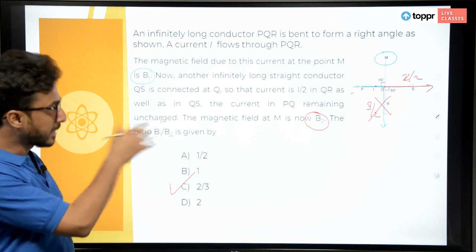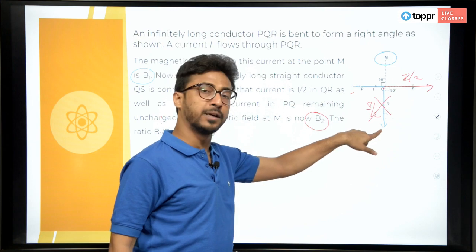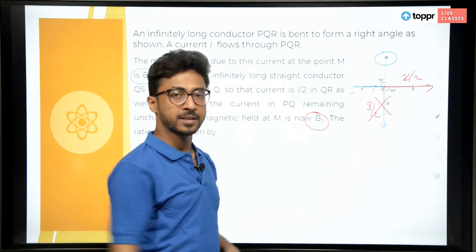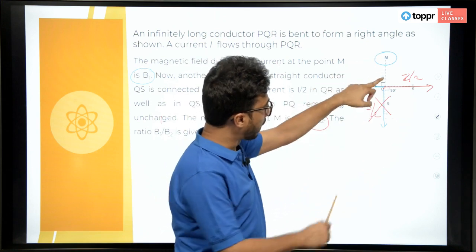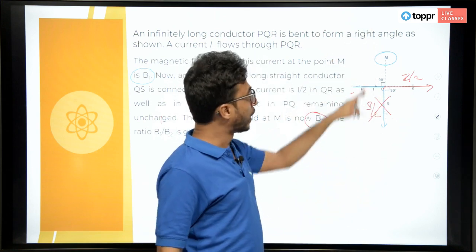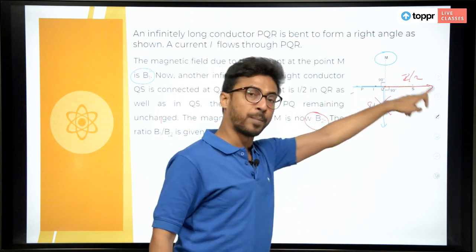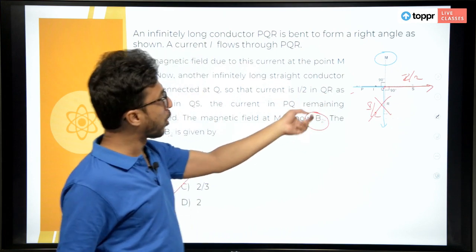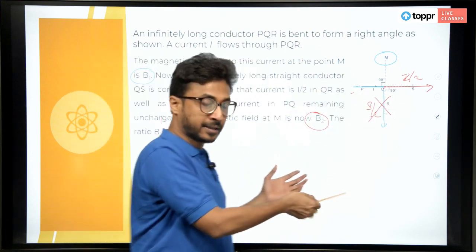So again, just repeating, we are trying to find out the magnetic field by the coil, the way it is oriented, and we can see the part of the coil which is lying along the line will not produce any magnetic field. The magnetic field will be produced by the other part, and it is dependent on the current. How it is dependent, we are seeing by seeing the angle.